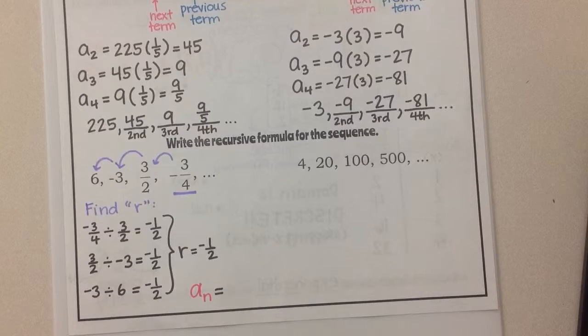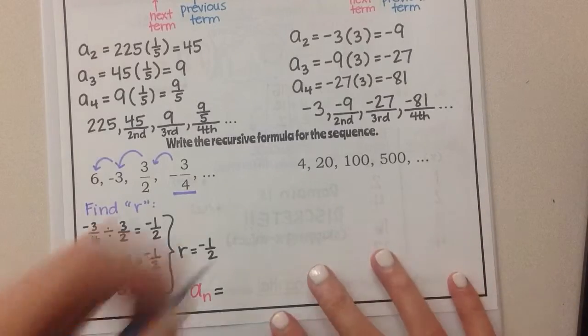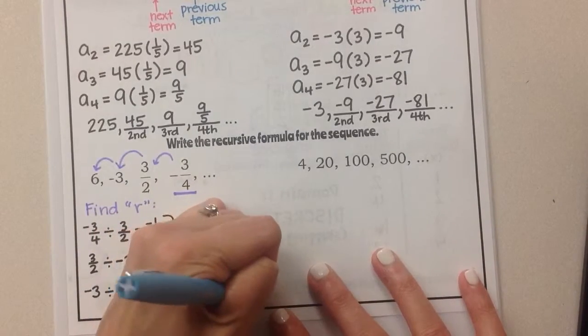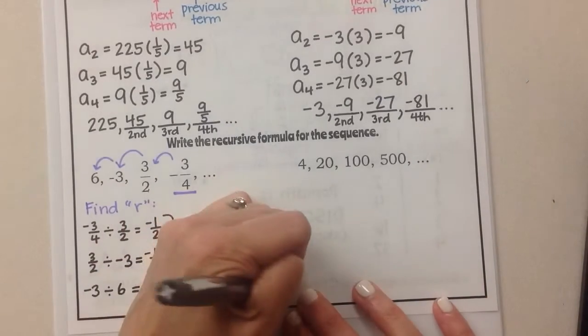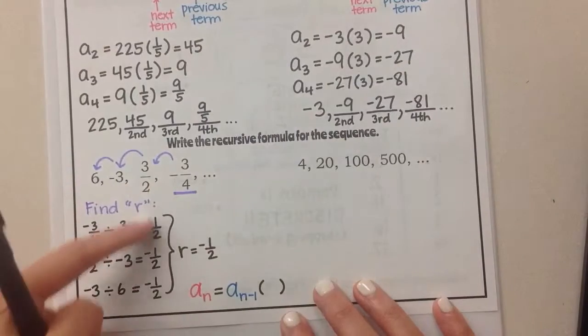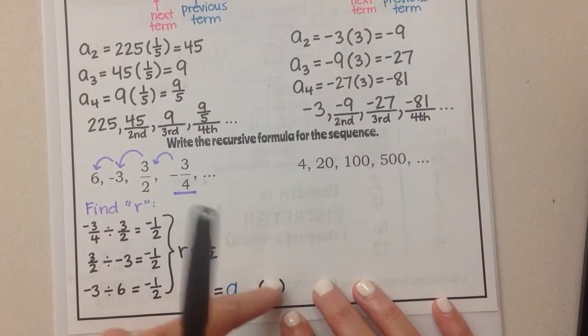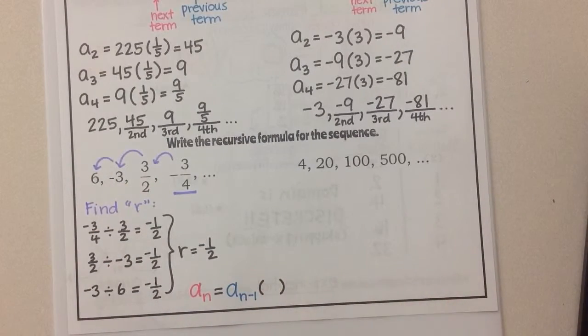So now I need to write the notation for the words the previous term. So I'm going to write A sub n minus 1. And then I'm going to put parentheses to show that I'm multiplying, because if I have a common ratio, I know I'm multiplying because it's a geometric sequence.